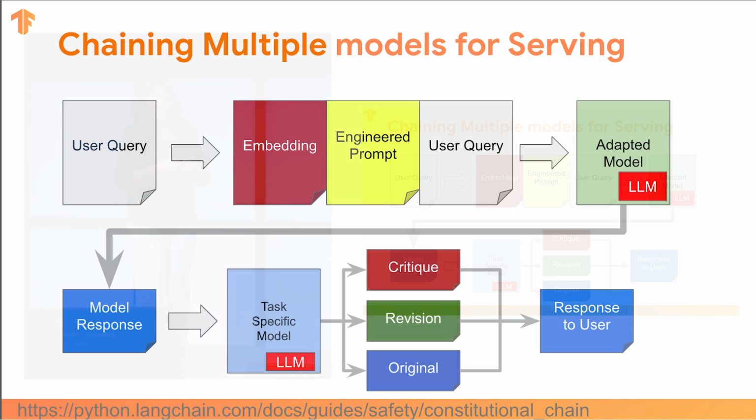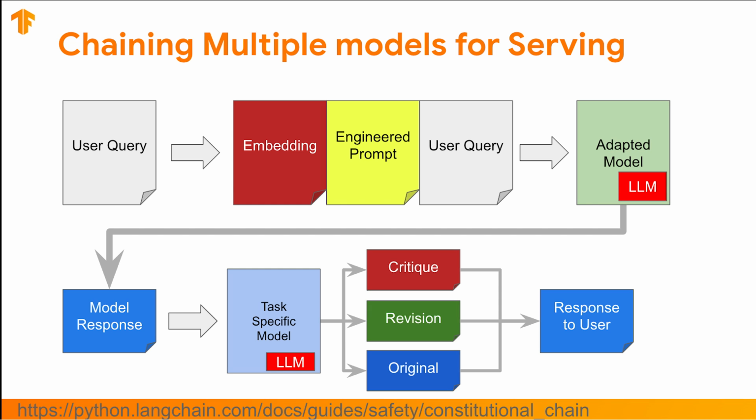When the user query comes in, you adapt it with the embedding and more prompt, and then you send it to the adapted model. The model might give you a response which is pretty decent, but you still want to make sure from the constitutional laws: is it illegal? Is it harmful? Is it biased? You might want to use another model to get a score and see how it is doing across these different dimensions that are important to you, and then give the response back.